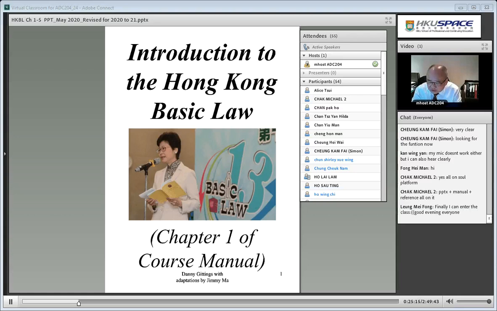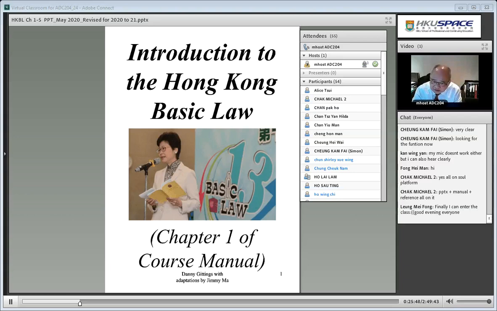It is a subject full of life, full of activities, and when you turn over a newspaper, nowadays especially, you can see the government is spending a lot, making a lot of efforts in promoting the Hong Kong Basic Law.